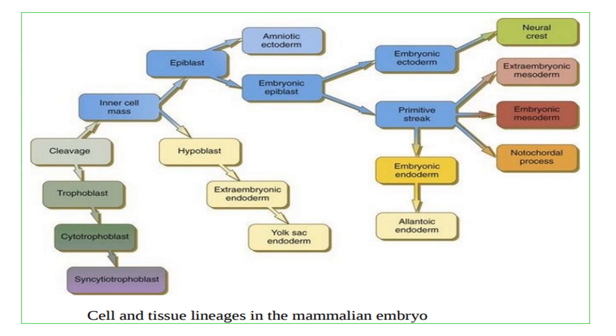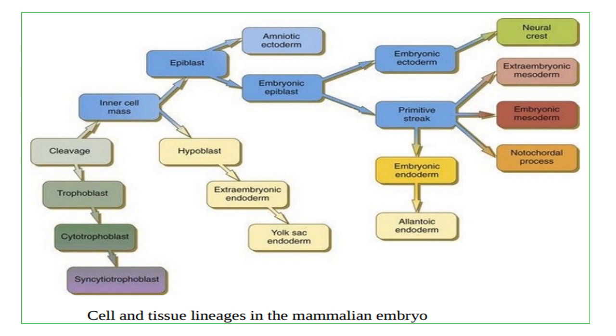Now from the inner cell mass, two types of cell lines arise, the epiblast and the hypoblast. The epiblast is toward the dorsal side of the future embryo, and the hypoblast is going to make the ventral side of the embryo.